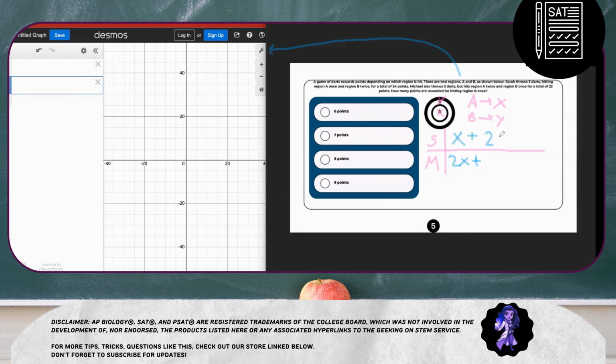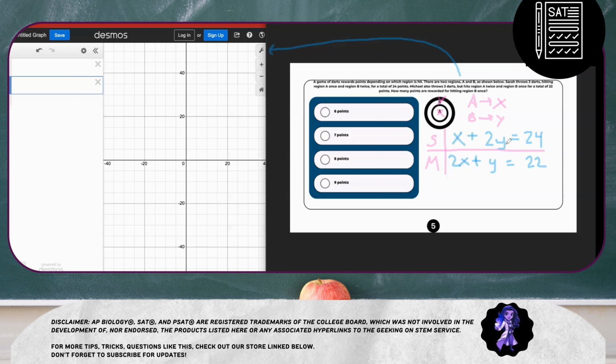So 2B would have been previously, but then we have 2Y because we switched that over. And then for Michael, region B is going to be letter Y because it's just once. And we have our total points, so we can set up an equal symbol. For Sarah, it's 24 points, and for Michael, it's 22 points.